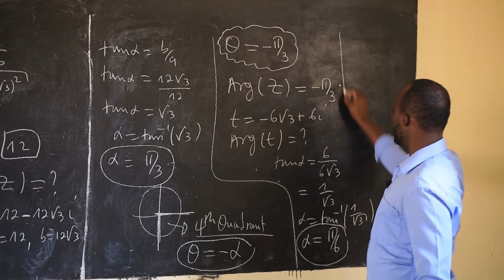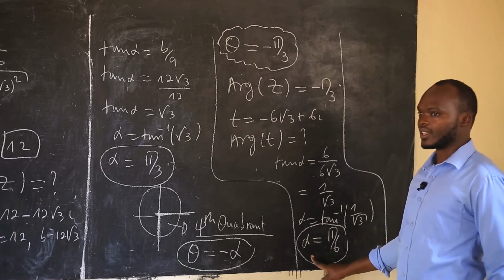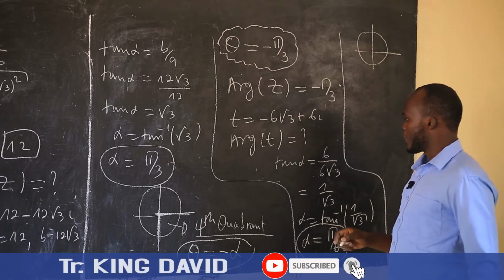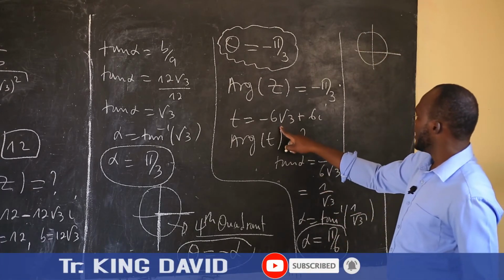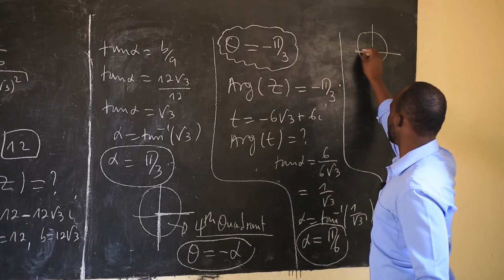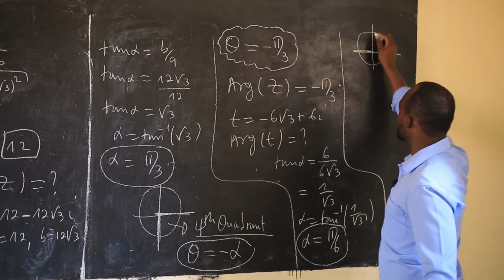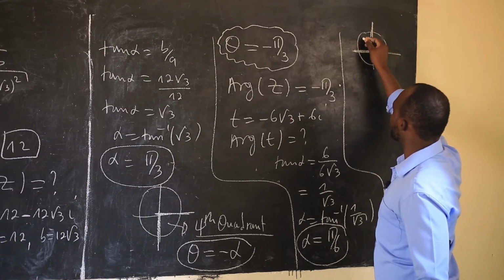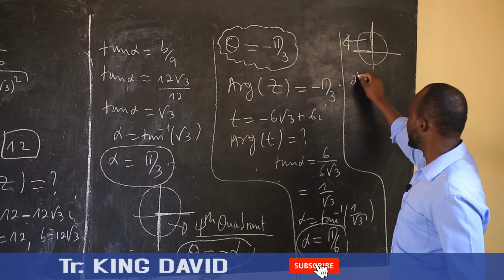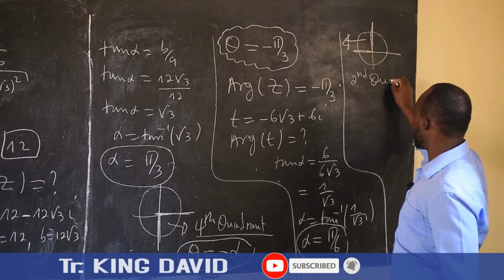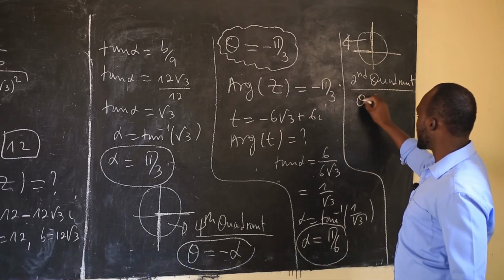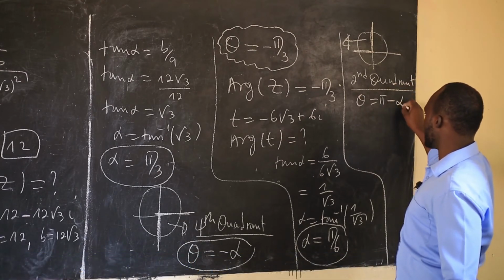So we're going to check which quadrant this one is located in. We have a circle. You see x, our a, it is on negative x-axis, which is here. But y, our b, it is on positive y-axis. So you see they meet here. There, it is in the second quadrant. And in the second quadrant, angle equal to pi minus alpha.